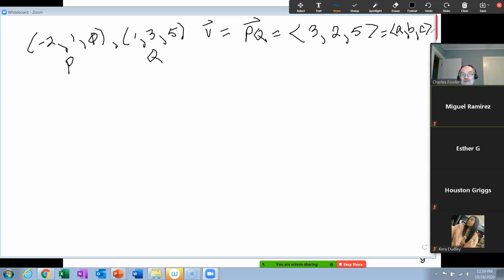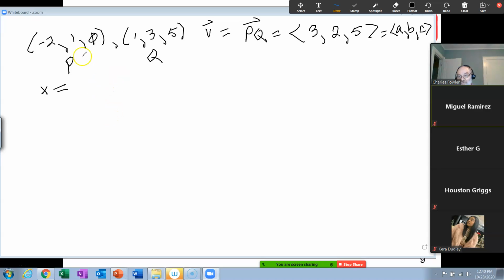Now how do we find the parametric equations? The parametric equations would be x is equal to, pick a point, either point, doesn't matter which one.